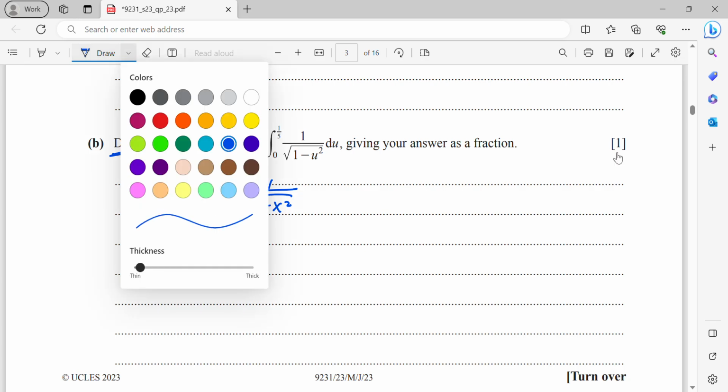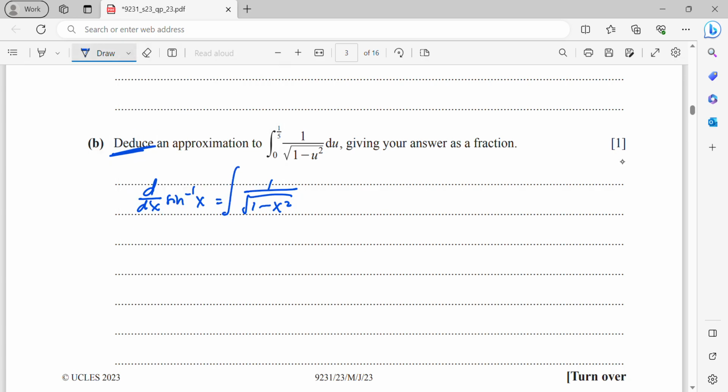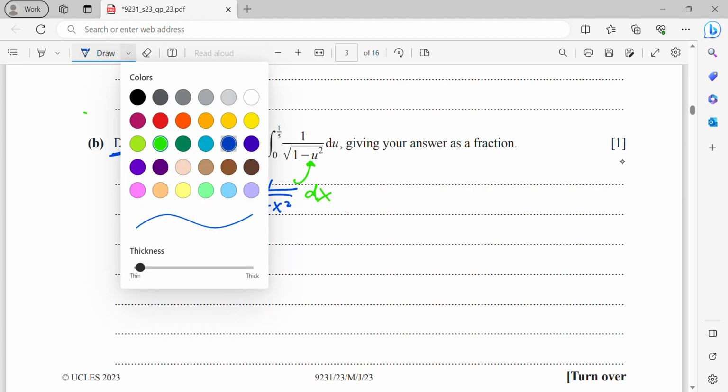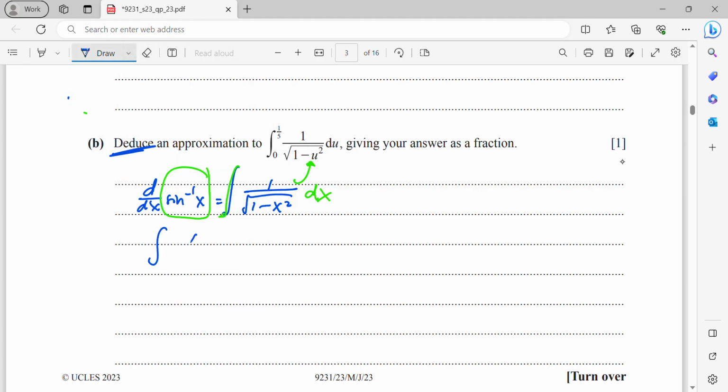So if I integrate the right side with respect to x, my answer will be inverse sine x. So this integration is the same as in part B. Integrate 1 over square root of 1 minus x squared dx is going to be inverse sine x plus c.